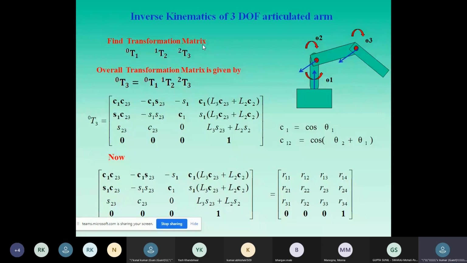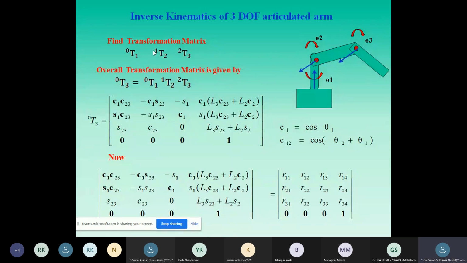Overall transformation means frame 3 with respect to 0 is equal to frame 3 with respect to 2 times frame 2 with respect to 1 times frame 1 with respect to 0. In the end, the intermediate frames cancel, leaving 0 to 3. We find the overall transformation matrix by multiplying each transformation matrix.